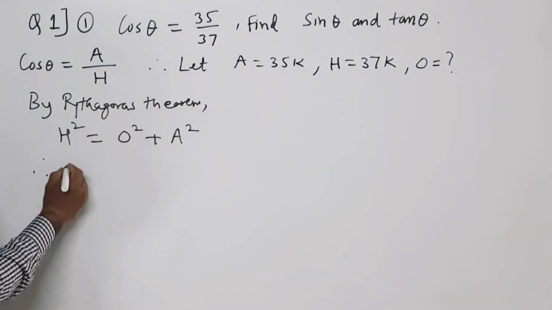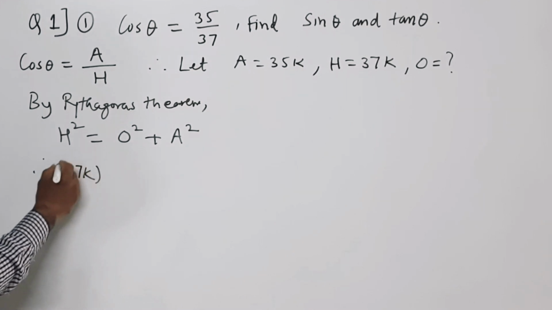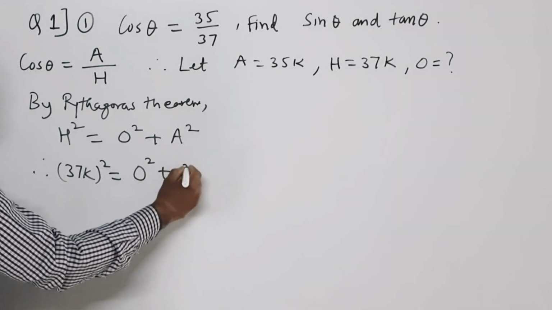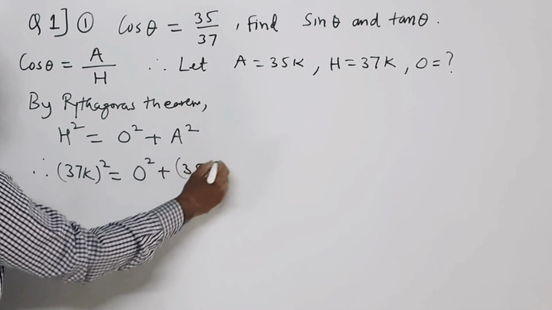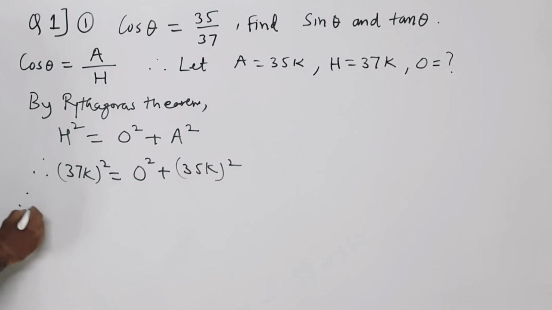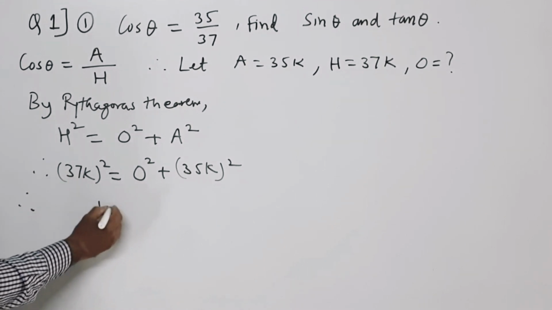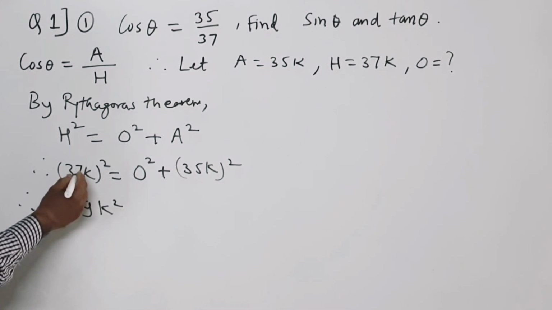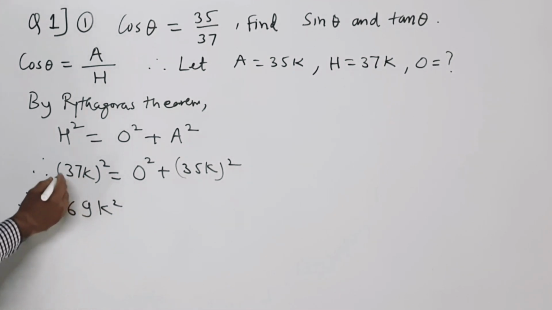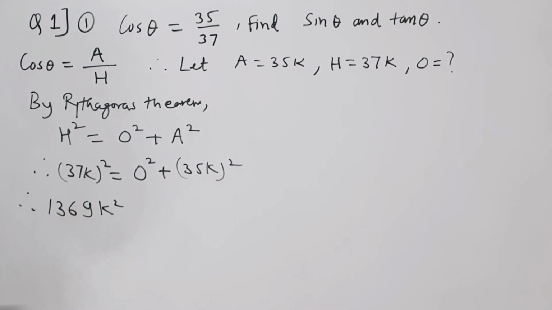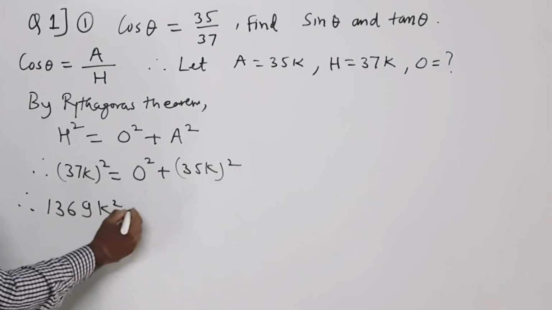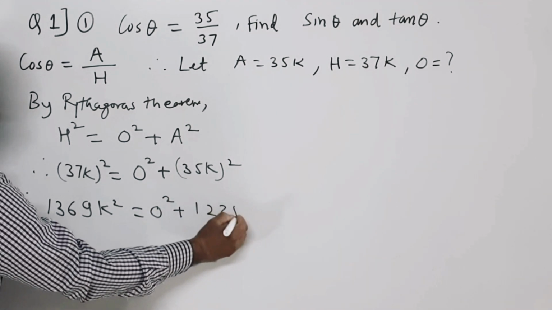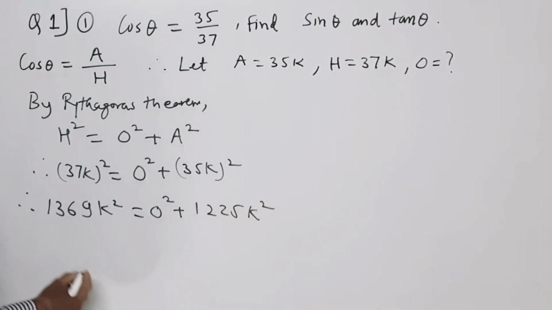Therefore, the hypotenuse is given as (37k) square is equal to opposite side, which we have to find, square plus adjacent side (35k) square. Therefore, square of 37, that is 1369, k square is equal to opposite side square plus 35 square, that is 1225k square.